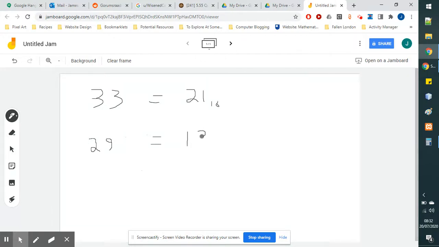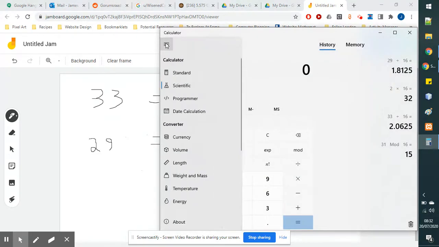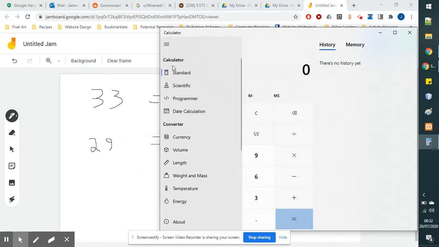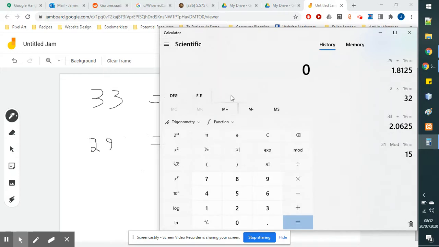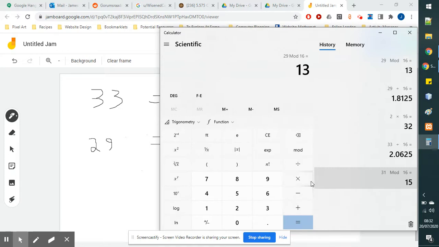I don't know what my second number is. Okay? What I'm then going to do, now you will need to make sure that you are in scientific mode. When you open your calculator, it'll probably look like this. I'm going to go to scientific and type 29 mod 16, which is 13.